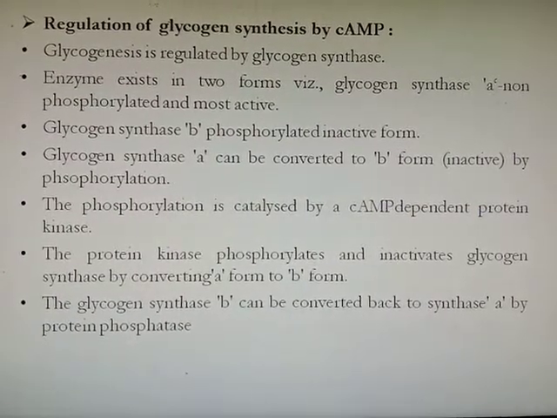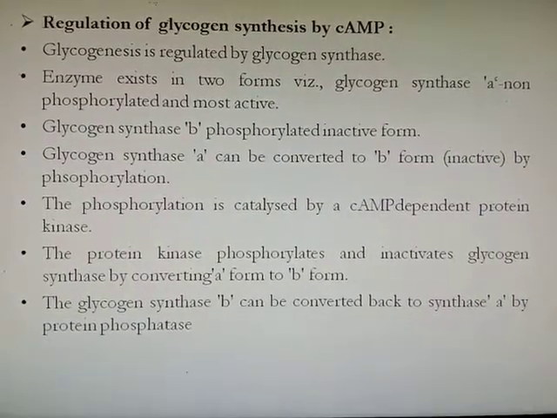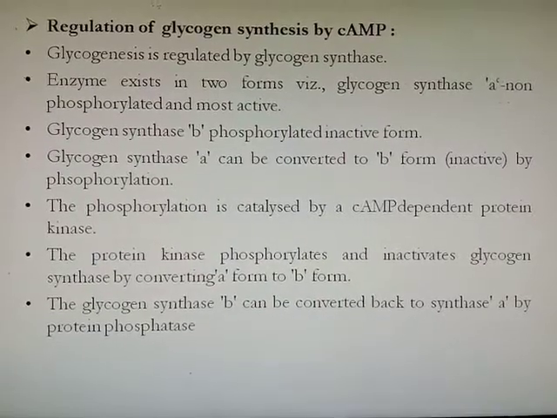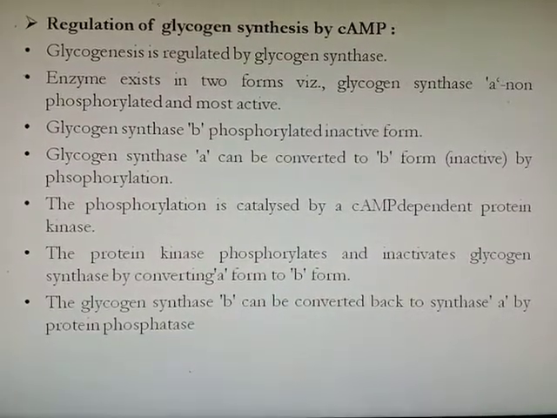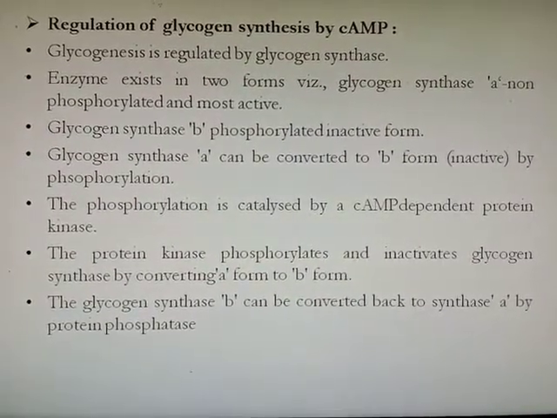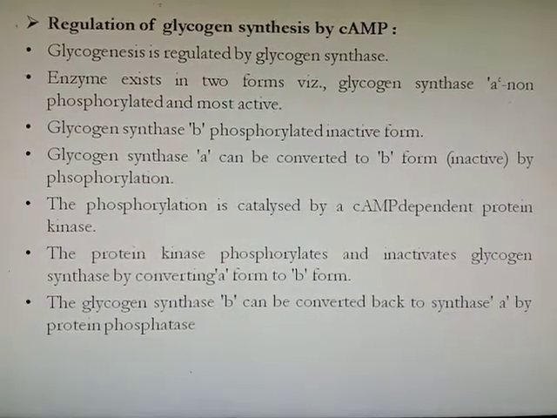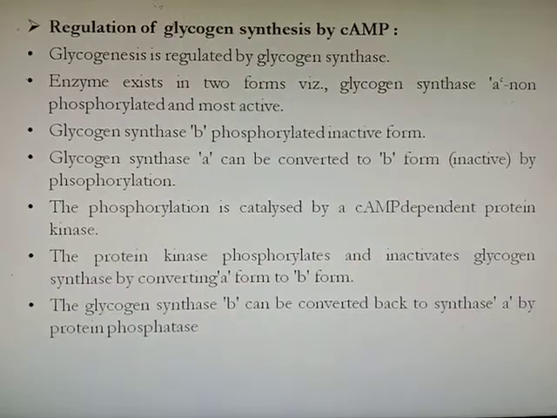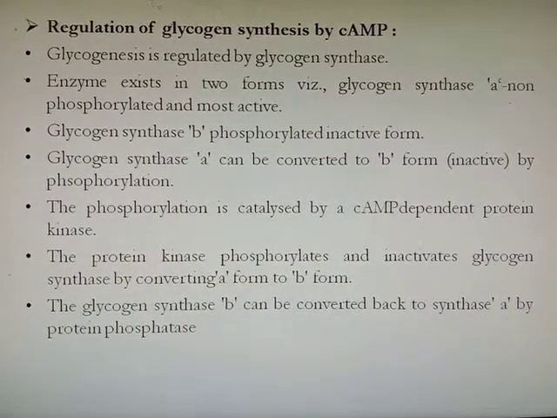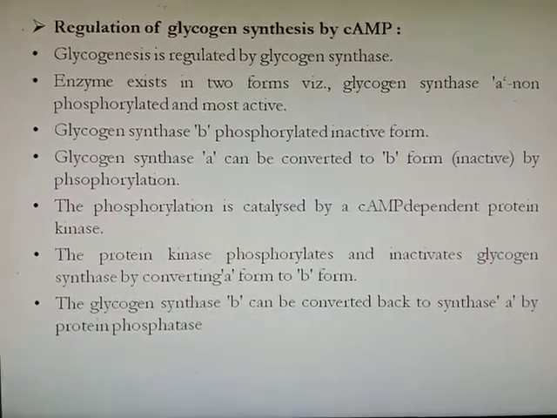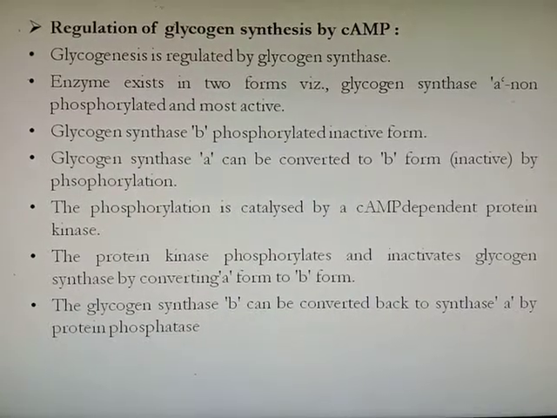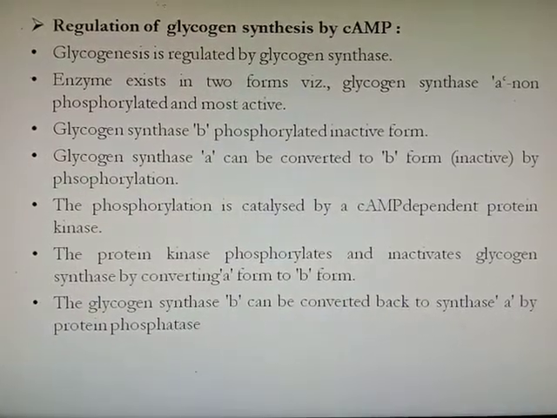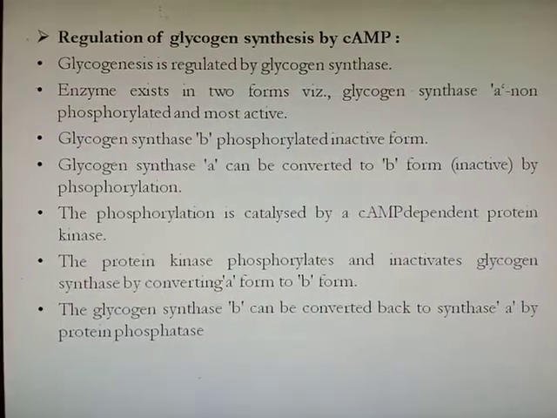Glycogen synthase A can be converted into glycogen synthase B by phosphorylation. The phosphorylation is catalyzed by the cAMP-dependent enzyme called protein kinase. The protein kinase phosphorylates and inactivates the glycogen synthase by converting A form to B form. The glycogen synthase B can be converted back to glycogen synthase A by the enzyme protein phosphatase.